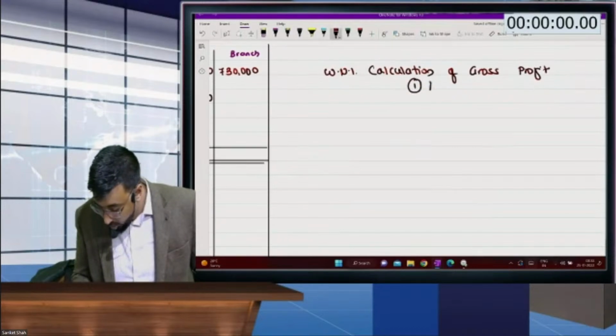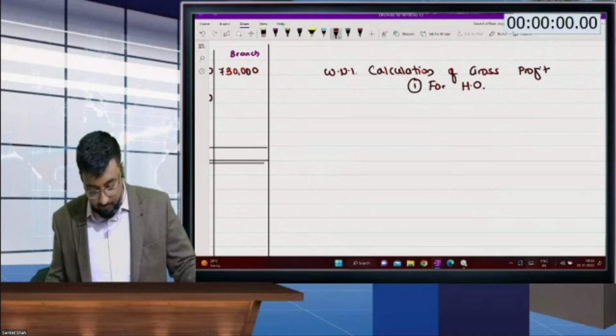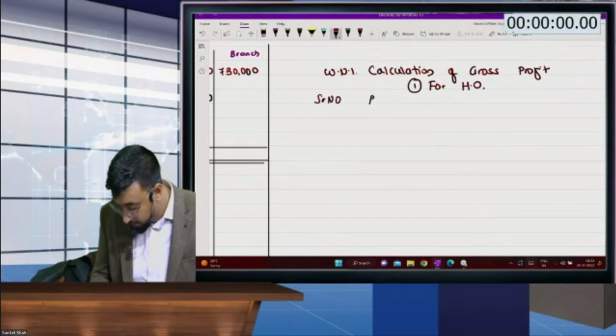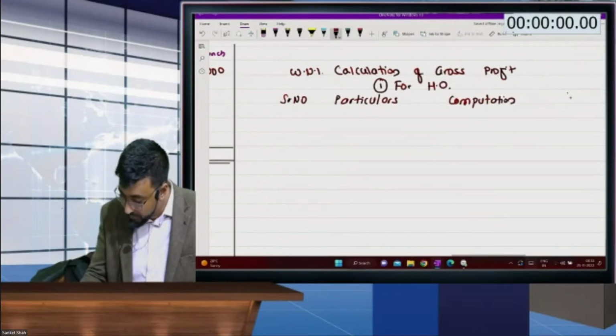Number 1 for HO. Serial number, particulars, computation, rupees.